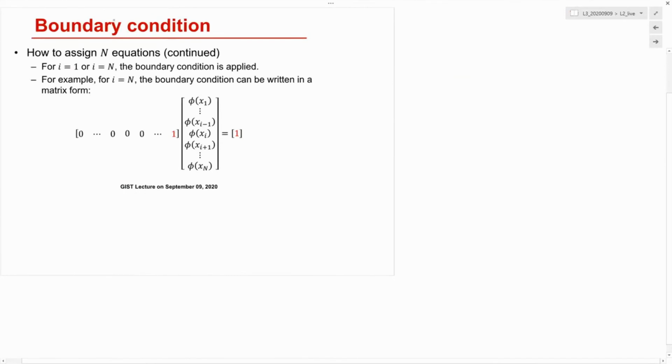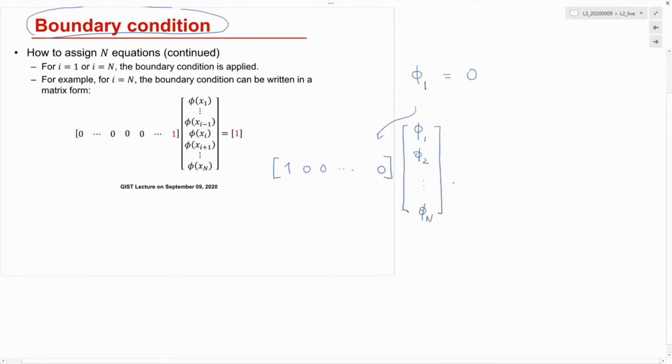Of course, the boundary condition can be a remedy in this situation. A boundary condition like phi 1 equals 0 can be transformed in this way: 1, 0, 0, and all 0, multiplied by phi 1, phi 2, up to phi n.